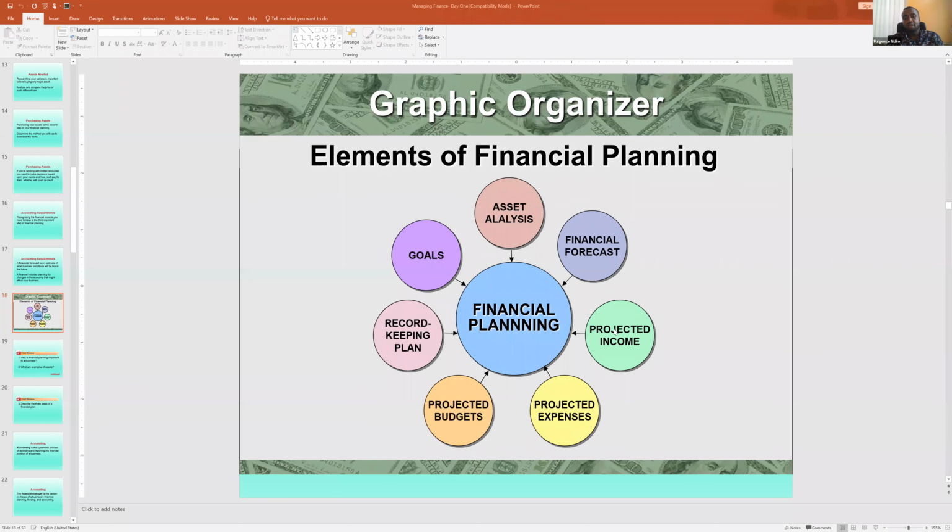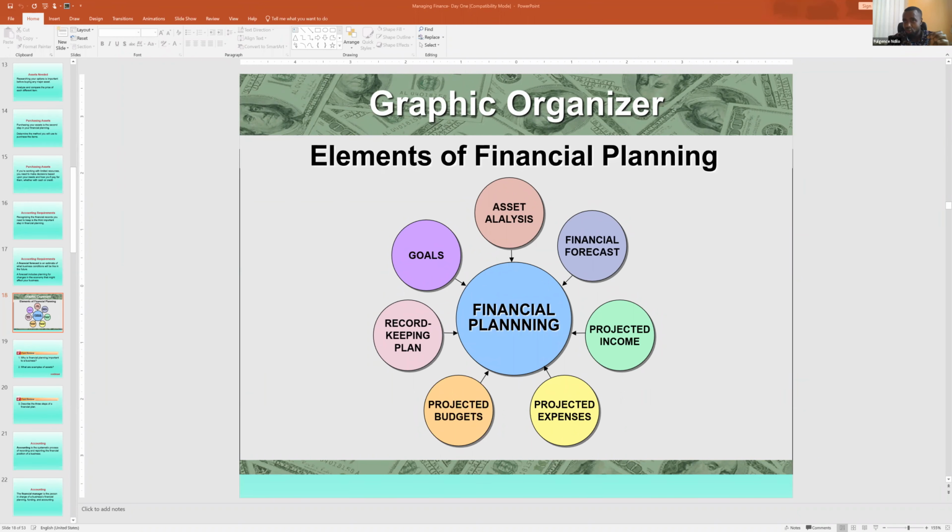Then you're supposed to project your income. And after projecting your income, you're also supposed to project your expenses. After projecting your expenses, it's now when we are supposed to look at the budget, which is the one we are going to work on today. So remember, the aim or the end result here is goals. You are supposed to ensure that you reach your goal. I hope and I believe that each and every one of you have picked at least 3 goals: the drivers, your forecast, your projected income, and your expenses.